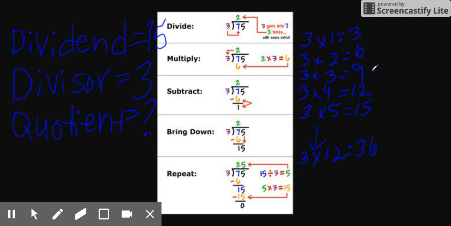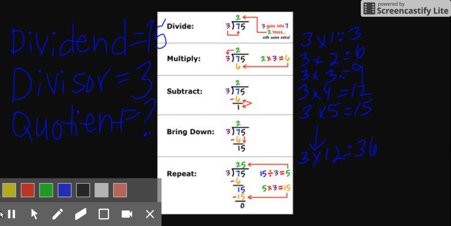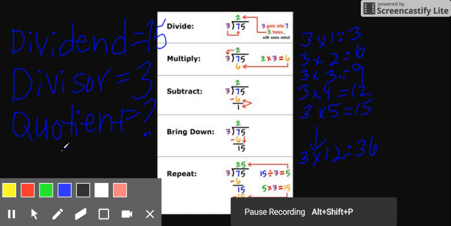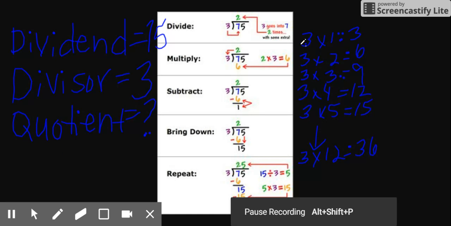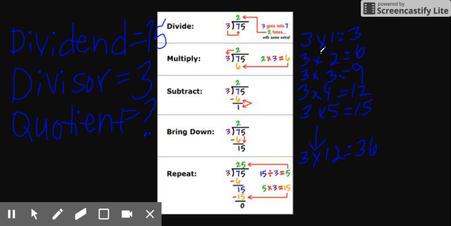And if I look over here, the answers to my multiplication facts are called multiples, because the numbers we multiply together are called factors, and the answers we get are called multiples. So if I look at my multiples, the one that comes closest to 7 without going over would be 6.